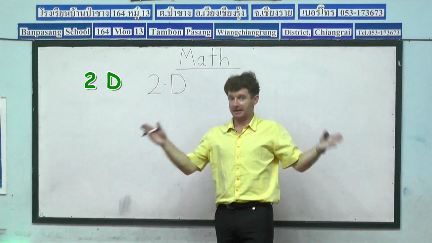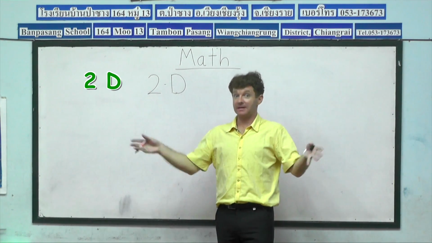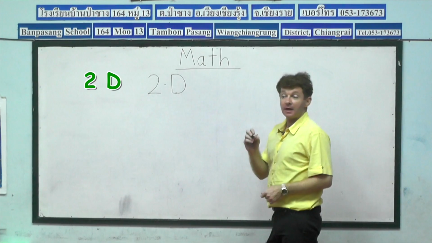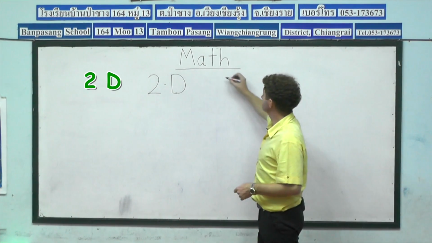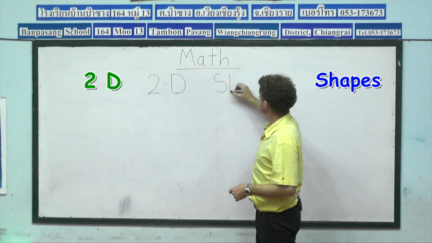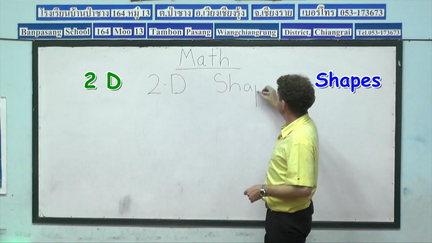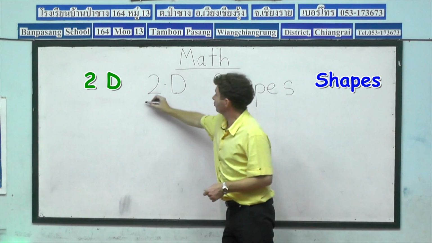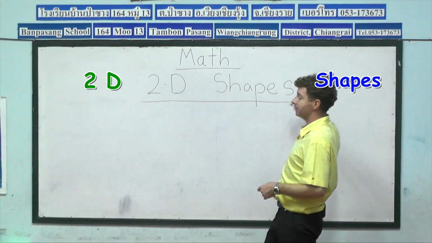Height and length. That's how we look at these shapes. So they are 2-dimensional. And how do we spell shapes, guys? S-H-A-P-E-S. So all together, 2D shapes.